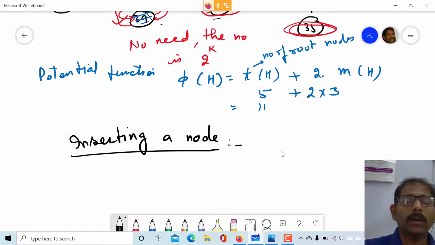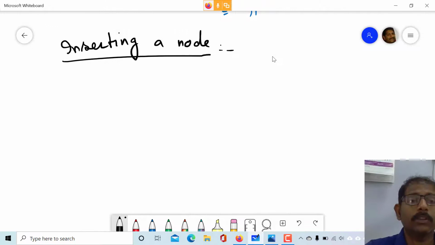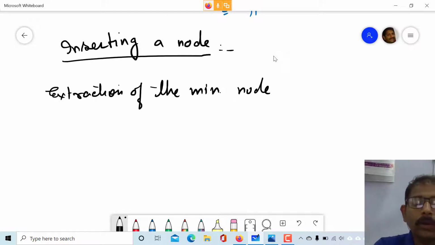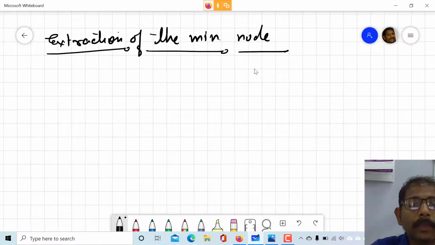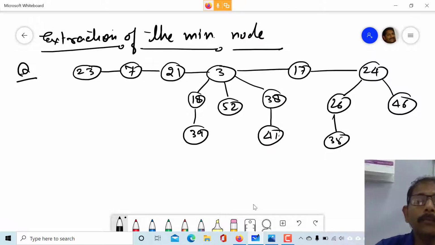So this is the process of deletion here. Let us understand what the extraction of the minimum node is. I am taking an example here to understand the process of extraction. Suppose I am taking a Fibonacci heap and you have to perform the extract min operation.